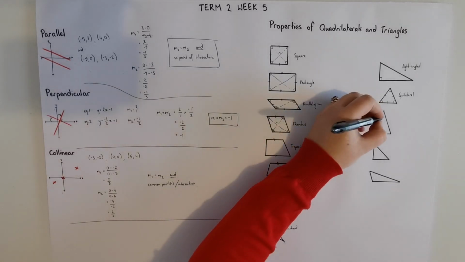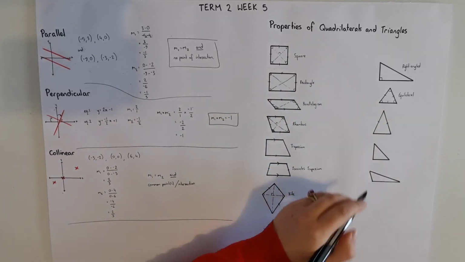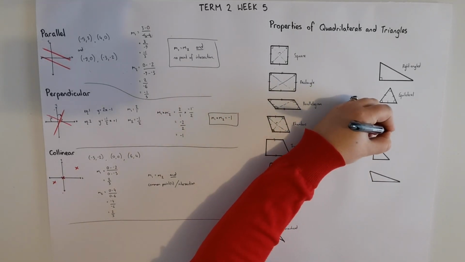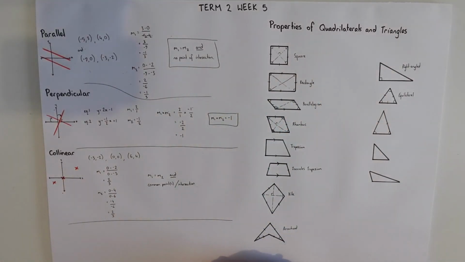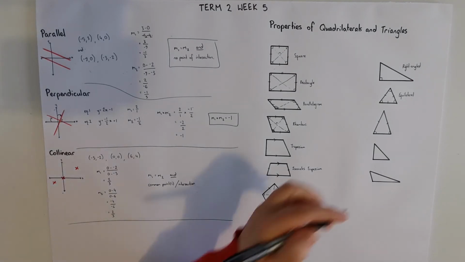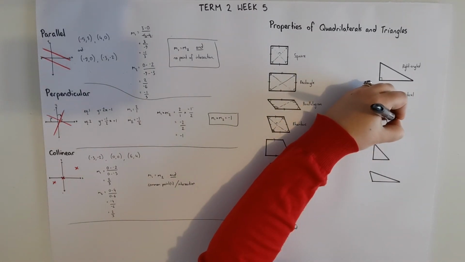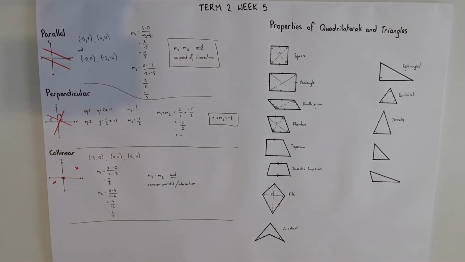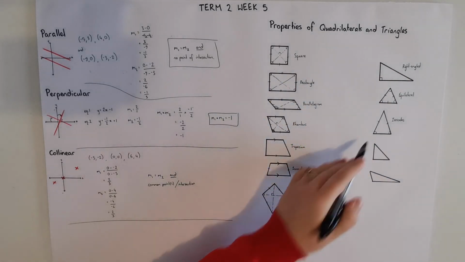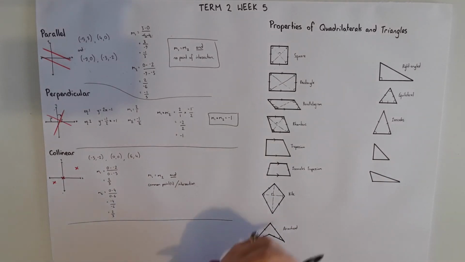Next one down. I see I have two lengths that are the same, but not the third. That means the two base angles are the same. This is an isosceles triangle. So you could show that two lengths are the same.